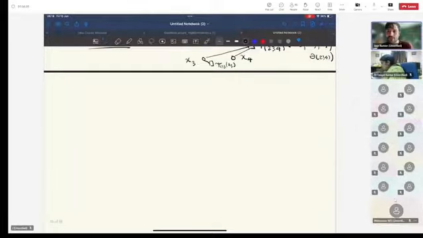So now that we have a notion of factor graph, what's the task? It's to perform marginalization. We want to do inference, and we do that through marginalization.